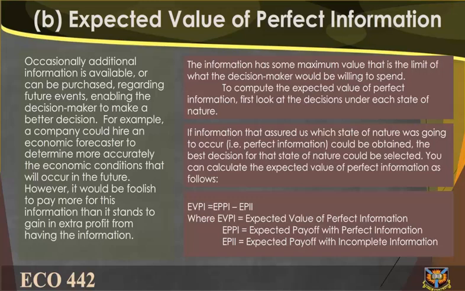To compute the expected value of perfect information, first look at the decisions under each state of nature. If information that assured us which state of nature was going to occur, that is perfect information, could be obtained, the best decision for that state of nature could be selected. You can calculate the expected value of perfect information as follows.